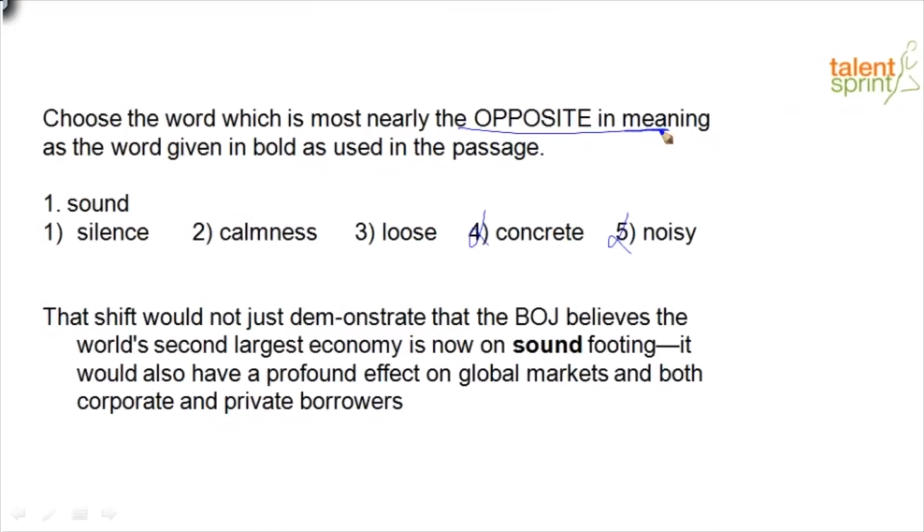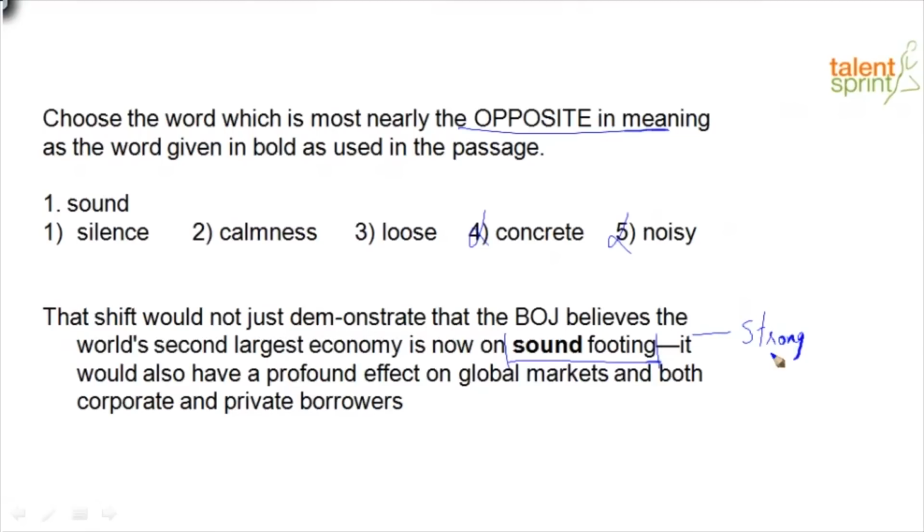So since I am not sure, let's look at the context. The context from which this word appears is right below. Let's read. That shift would not just demonstrate that the Bank of Japan believes the world's second largest economy is now on sound footing. It comes here as an adjective to footing. It would also have a profound effect on global markets and both corporate and private borrowers. Strong, right?